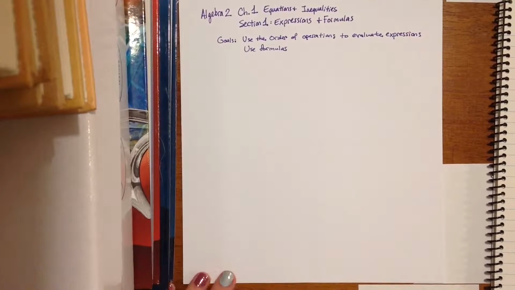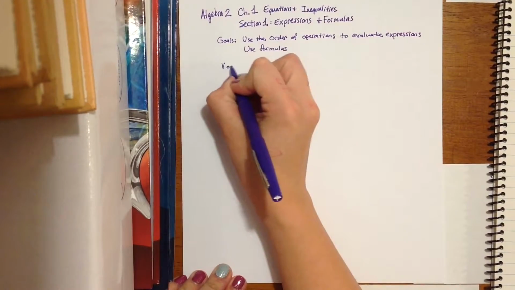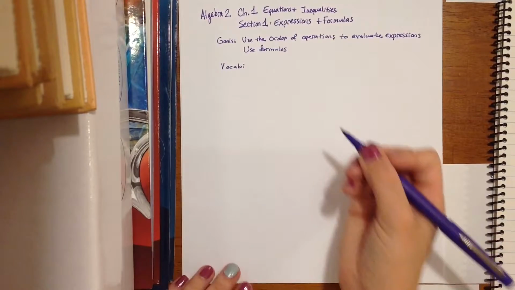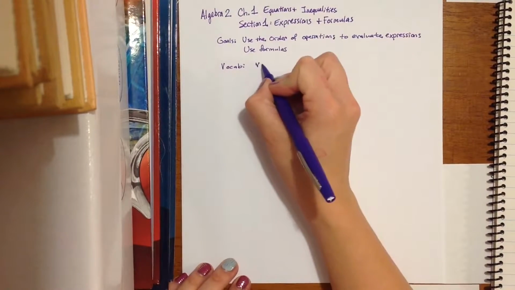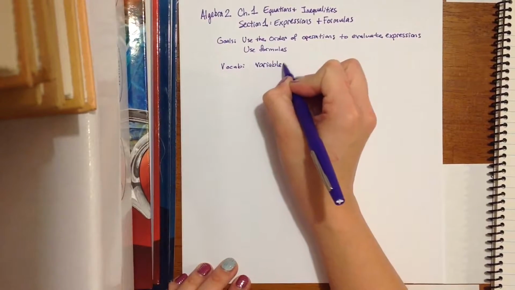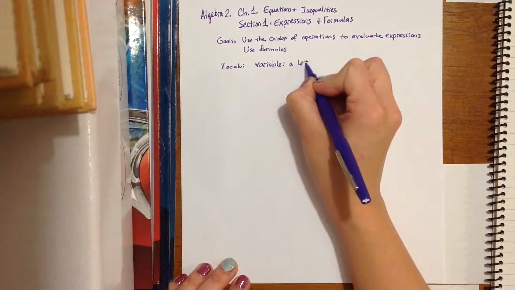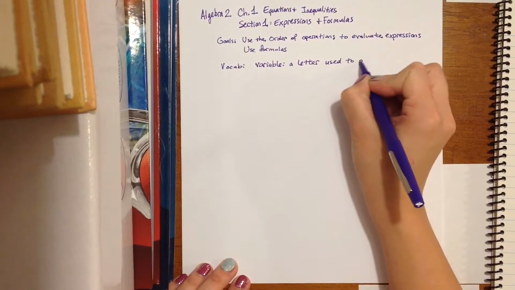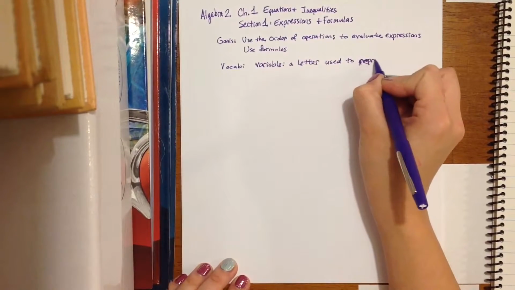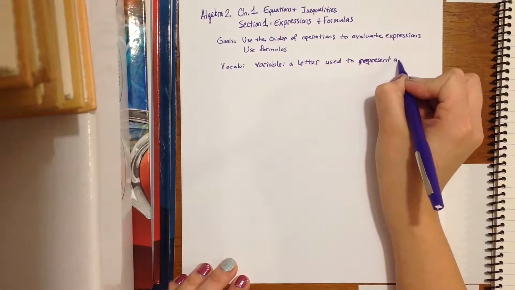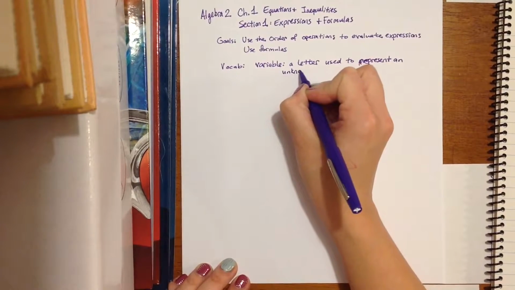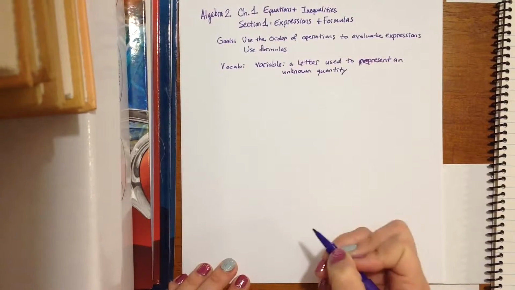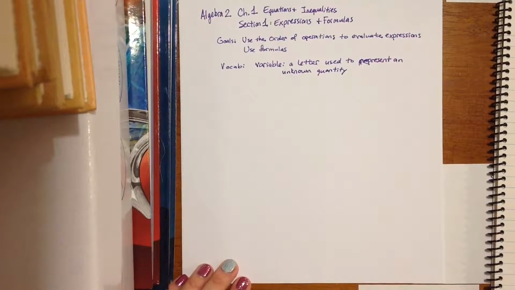First, let's start with a couple vocab words. And all of these have blanks on your guided notes, so feel free to follow along with me. So first we have a variable, which is a letter used to represent an unknown quantity. Again, we've used that a lot in the past.